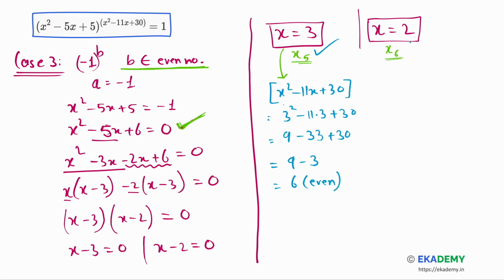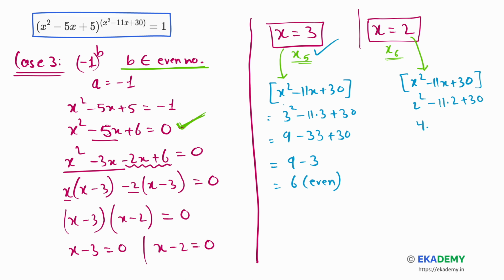And what about x6? I mean this 2. Let us check for this also. So again, what we have is x square minus 11x plus 30. So put 2 in place of x and check whether it satisfies this condition of even number or not. So that means 2 squared minus 11 times 2 plus 30.